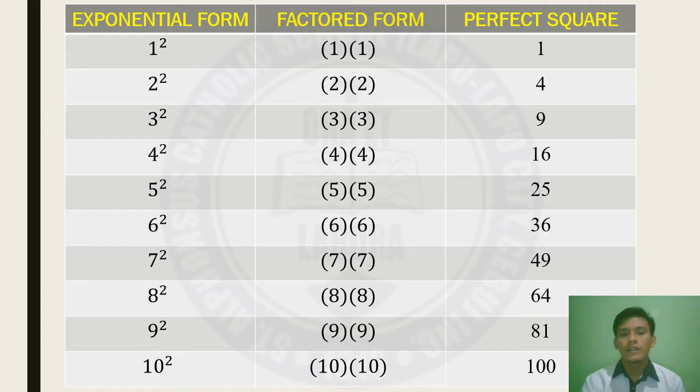4 squared, when you factor it out, is 4 times 4, and that is equal to 16. 5 squared, 5 times 5, is equal to 25. All the given examples are the results of a perfect square.